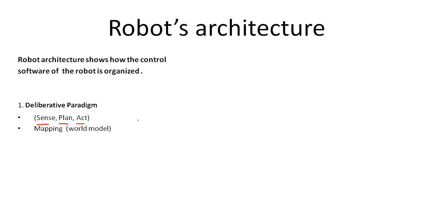So usually the robot has to do mapping. It needs a world map, or it makes a world map, because for planning you need some kind of model of the environment, so you can plan in this model.